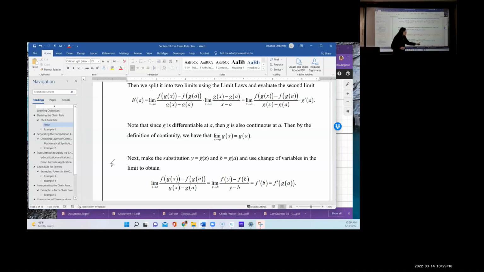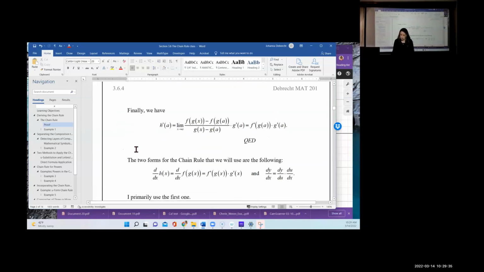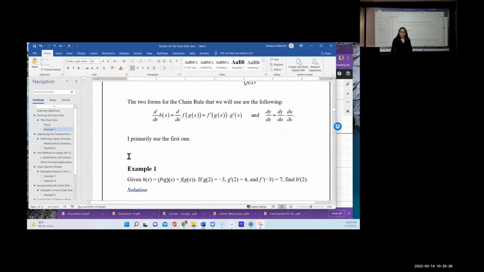This gives me the definition then of y approaching b, which means that I've got the derivative of f at b, but b is g of a. So my final formula is f prime of g of a times g prime of a, which is the rule. Now there are two ways of doing it.